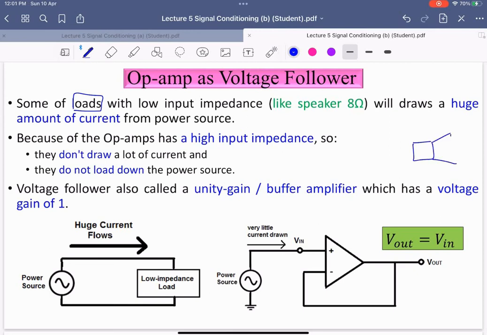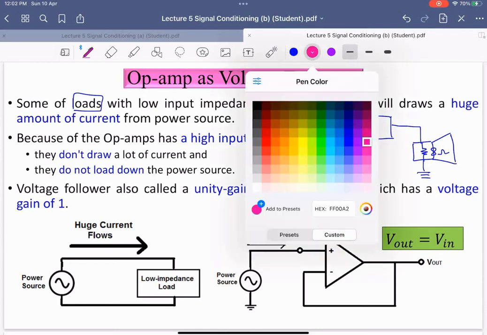The speaker has a resistance, for example 8 ohm, and you connect it to your sensor. This one you connect to ground.